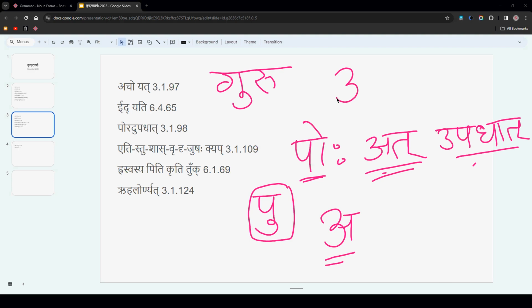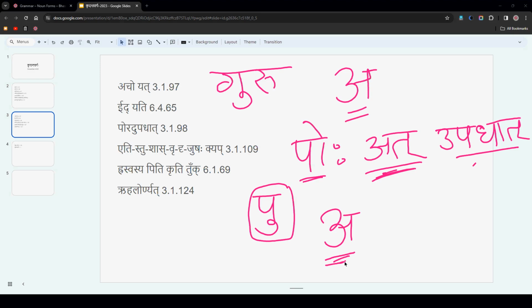Pluta is also there, which means three matras. But now at refers only to hrasva, short a. So the condition is the last letter of the dhatu should be one letter of Pavarga, and the upadha, one letter before that, should be hrasva a.